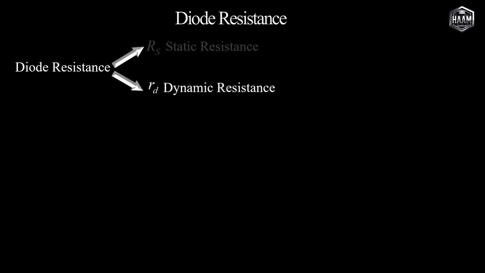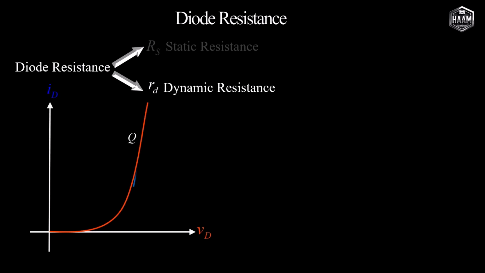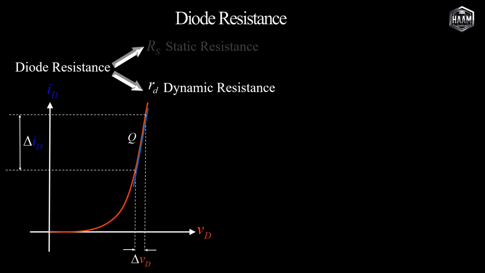The dynamic or AC resistance is defined differently. At the operating point, we compute the slope of the curve, specifically delta V sub D divided by delta I sub D. Since I sub D is typically expressed as a function of V sub D, we may equivalently compute delta I sub D divided by delta V sub D and then invert it.